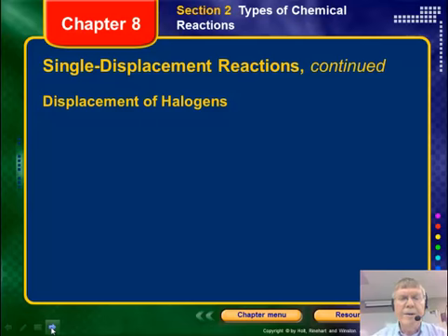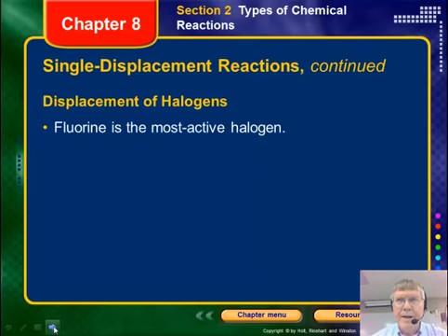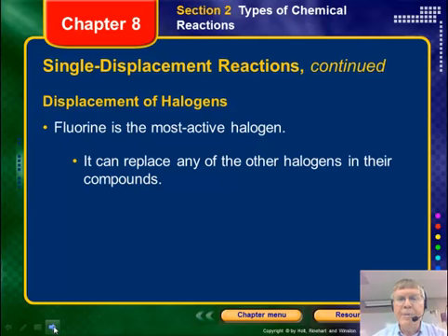Finally, displacement of halogens. First of all, a halogen can only replace another halogen. It cannot replace a metal. Fluorine is the most active halogen, and so it will replace any of the other halogens in compounds.